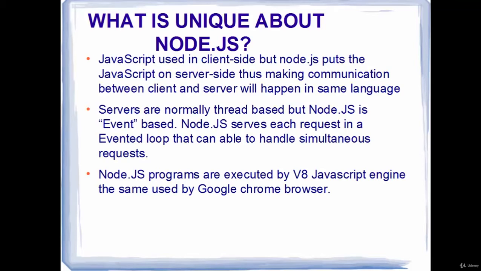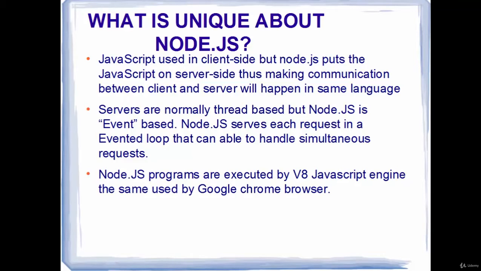Now, what is unique about Node.js? JavaScript is used on the client side, but Node.js puts JavaScript on the server side, thus making communication between client and server happen in the same language. So the learning curve for you will not be so steep, because if you know JavaScript, you can write the front end and the back end of your web application both in JavaScript, right?